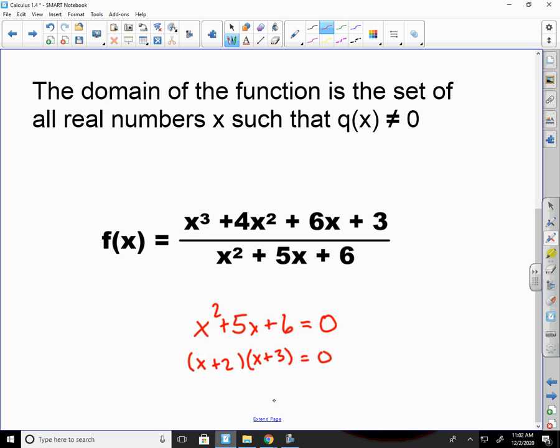And from here, we break this up now and do x equals negative 2. That's just by doing x plus 2 equals 0. Then you do x plus 3 equals 0, subtract the 3, and x equals negative 3.